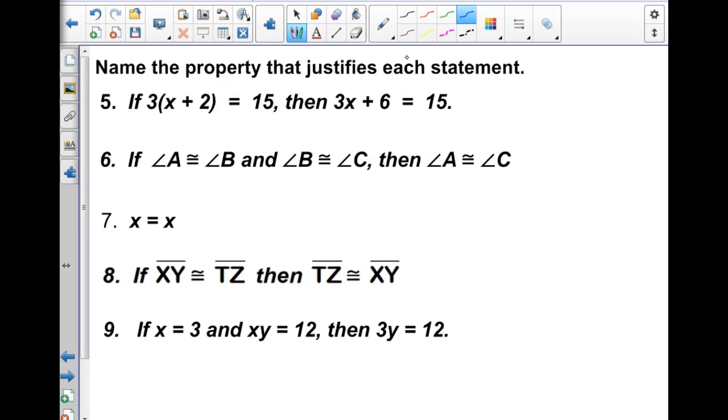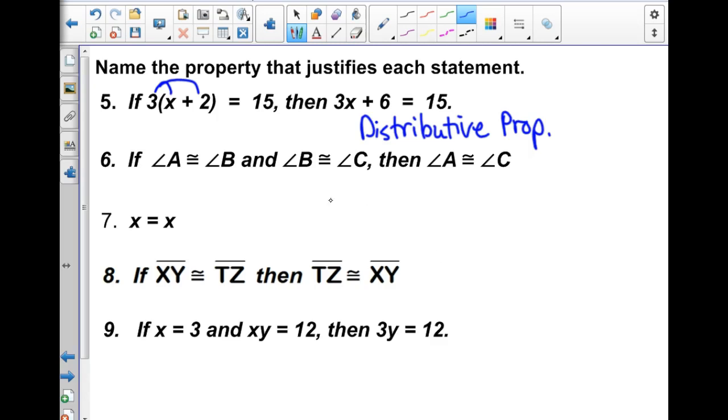All right, so we name the property that justifies each statement. What are we doing to get from here to here? Distributive. You're distributing, but you should write the distributive property, and you can abbreviate property.